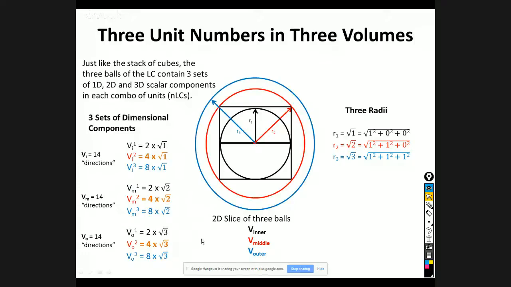In whatever slice of LC we take, we would be able to define these 3 balls, and each one of them would have these number of directions times its radius. And we've got three radiuses here: the radius of 1, the square root of 2, and the square root of 3.